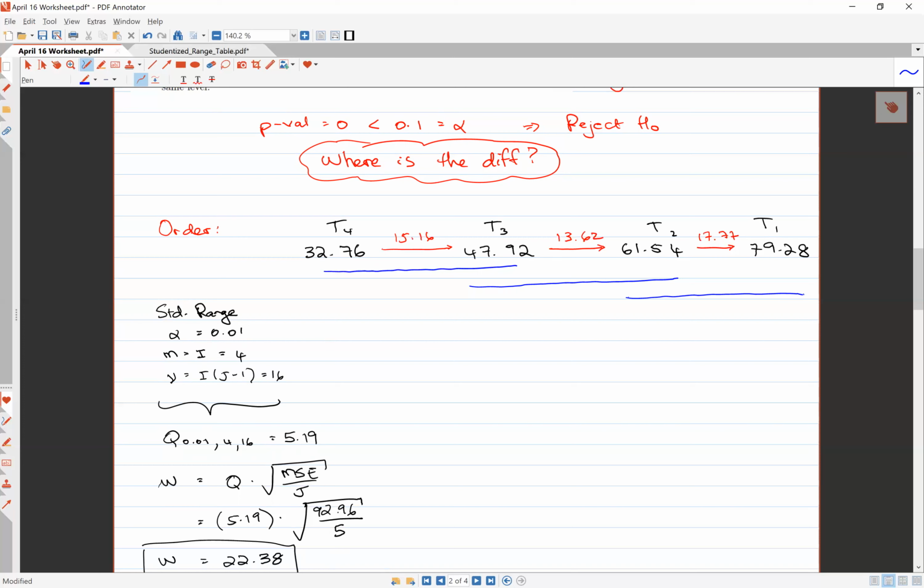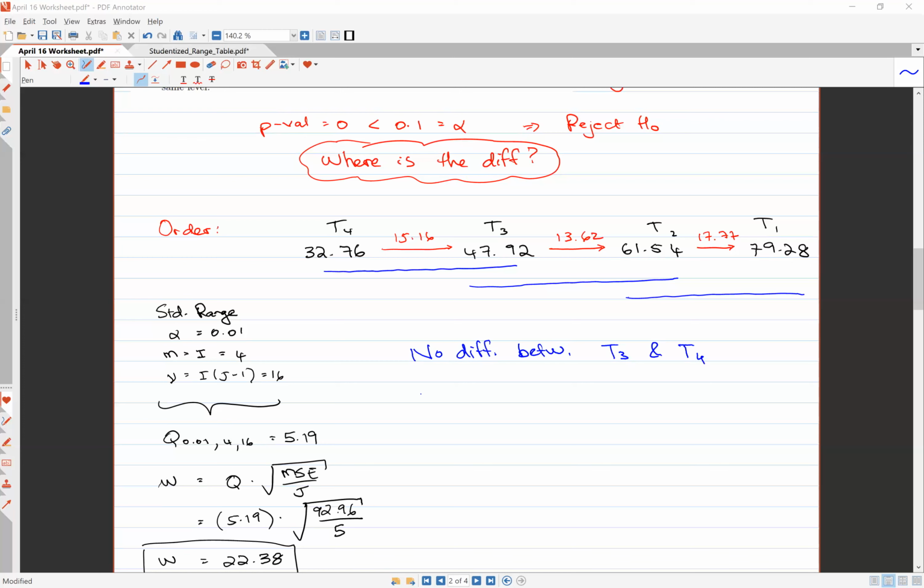The best way to fix that in practice is to collect more data, get a larger sample size, and rerun the analysis. But what we conclude in this instance is there's no difference between treatment 3 and treatment 4.